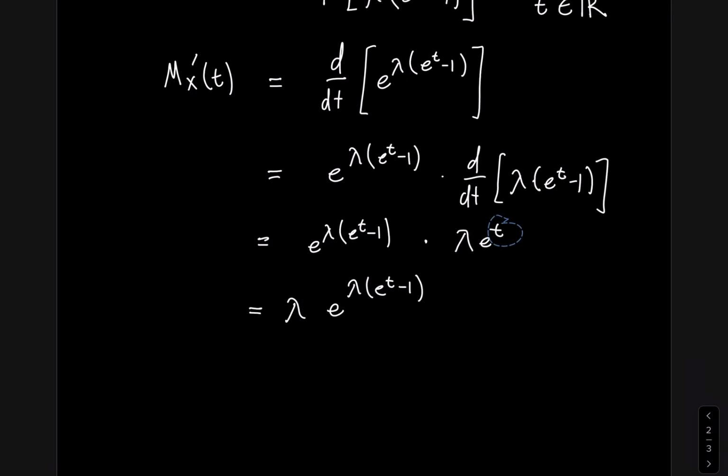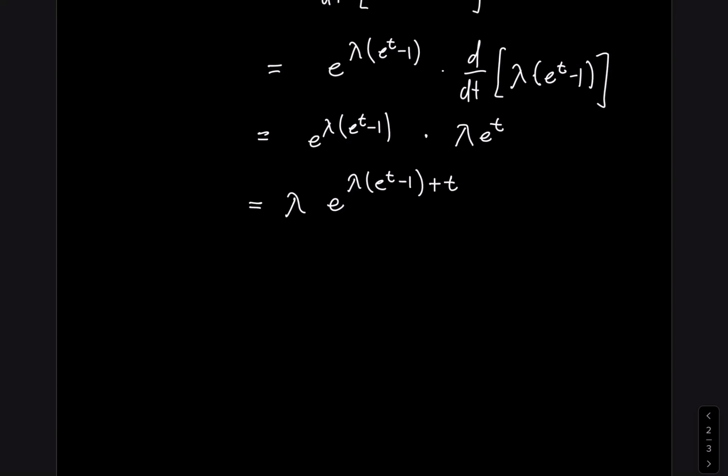So we've got to add this to our expression at the top, so in fact it becomes a plus t. This is an alright expression to deal with. However, computing the second moment might be a little bit more challenging. It's a bit ugly at this stage, but let's see if we can compute the second derivative.